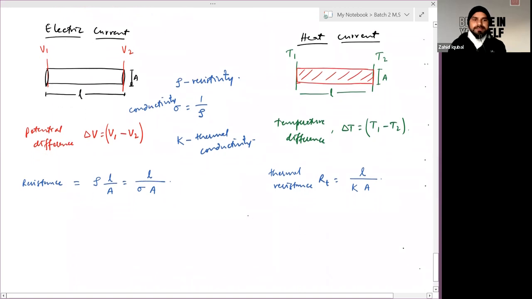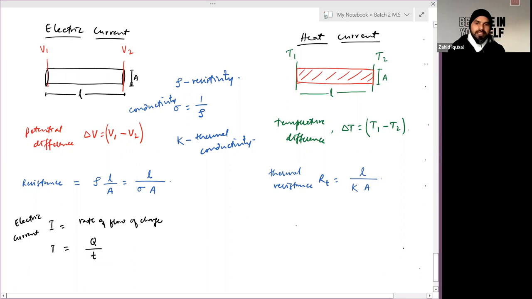Now the next part is current. For electric current, we defined I, or simply electric current, as the rate of flow of charge, which is equal to charge flowing through any particular conductor divided by time taken.